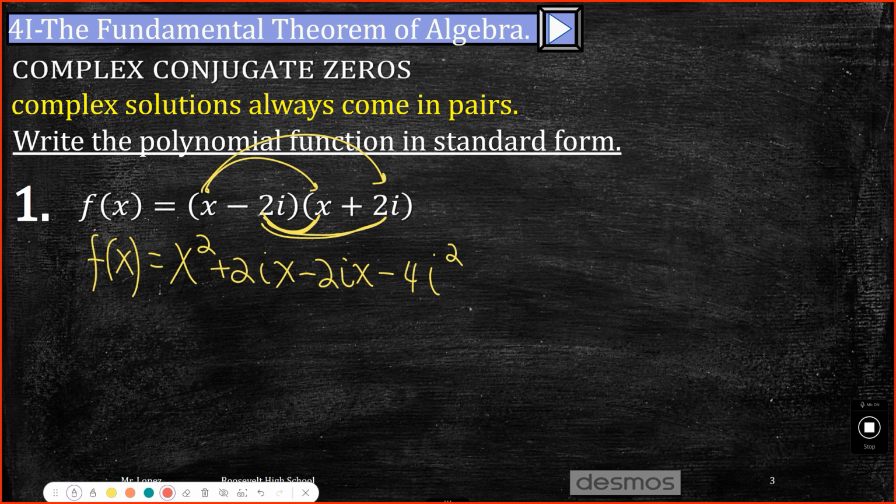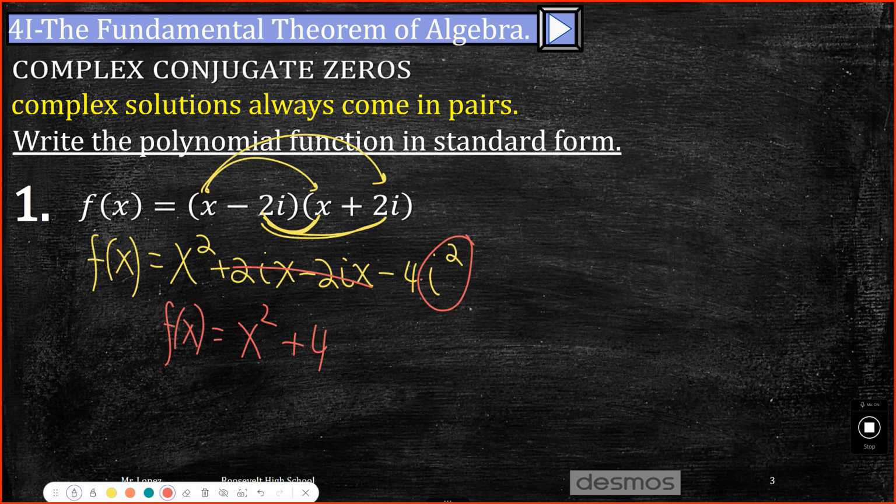What's going to happen right there in the middle? It's going to cancel out. And what is i squared equal to? Negative 1. What's negative 1 times negative 4? Positive 4. And I'll bring this down. So there's the function in standard form. f of x equals x squared plus 4.